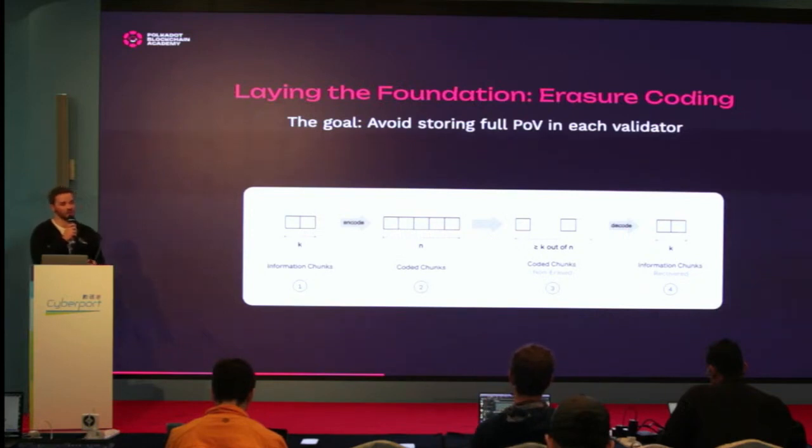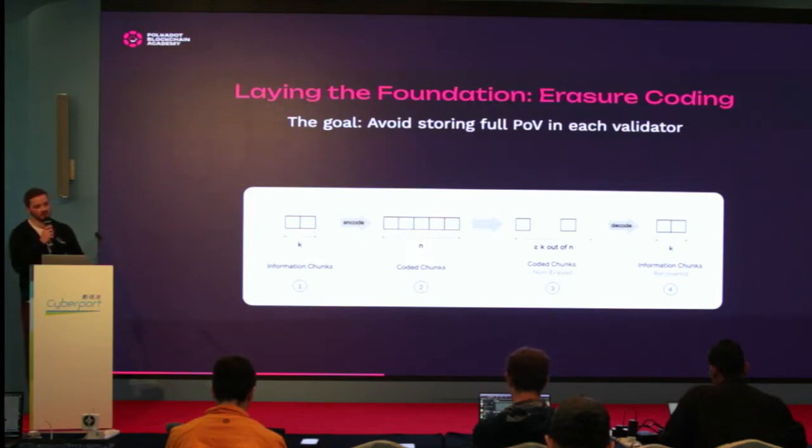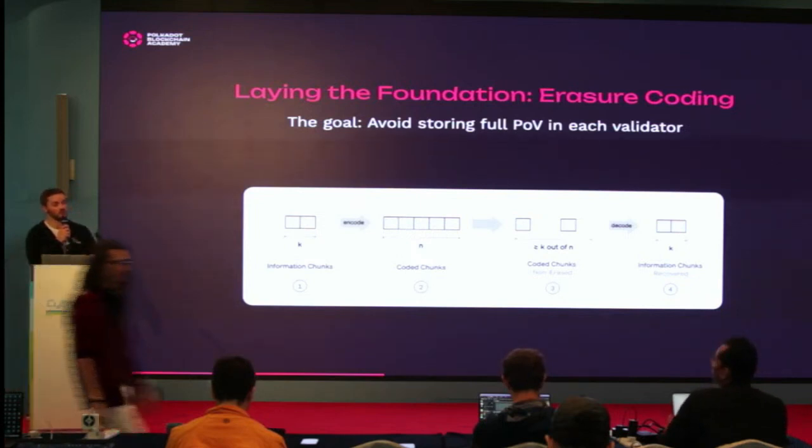Are data availability participants, so the validator set, willing to receive chunks of the proof of validity for that particular candidate? Are collators willing to produce a new candidate in the first place?